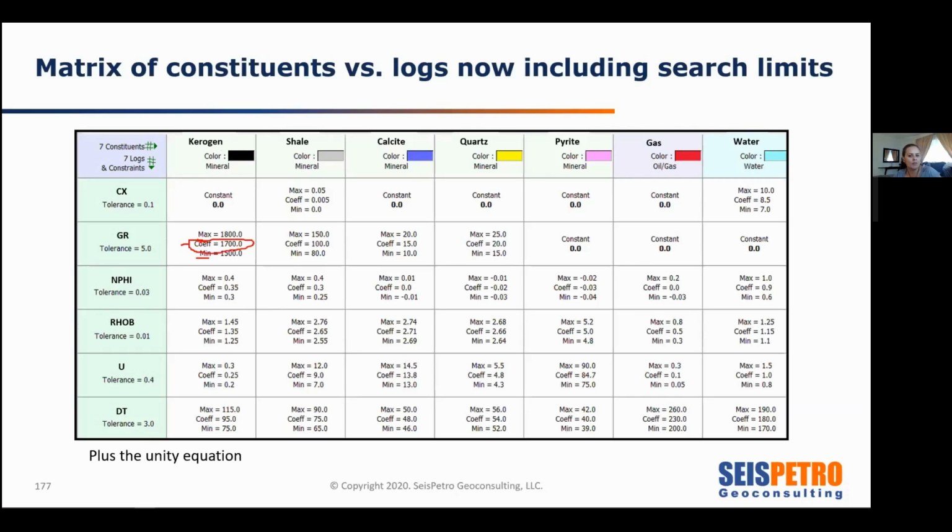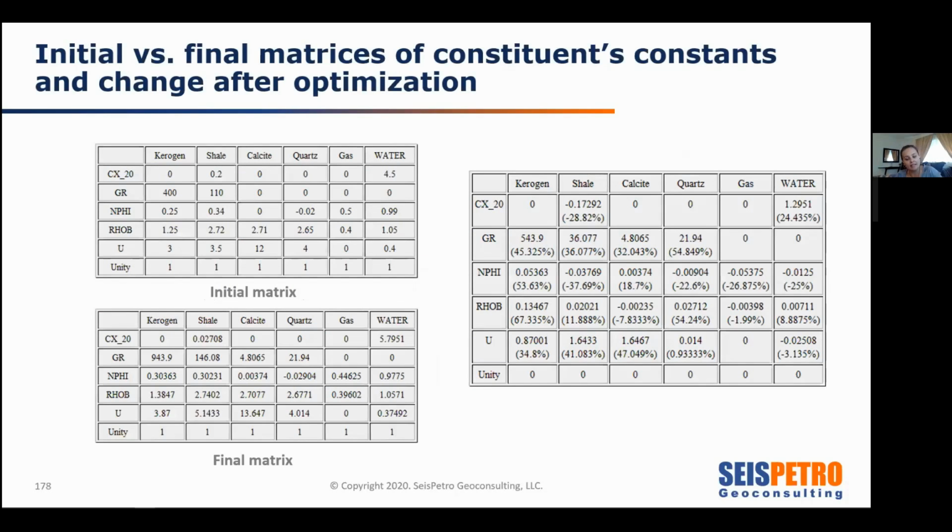But for all the other combinations that it's going to test, it takes those coefficients only once. After that, it just looks inside those minimum and maximum limits. And in the results, and I'm going to show you now when we do this live, besides the initial matrix of minerals that we have, it's going to give you the final matrix.